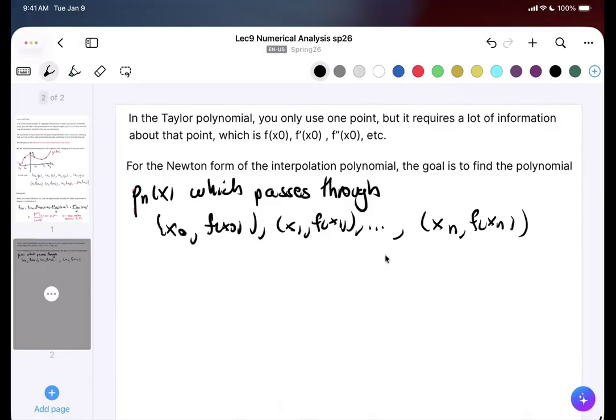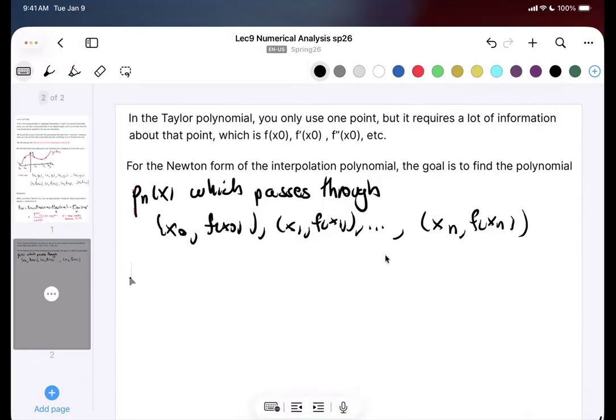That polynomial already exists because it's the same one that we found with Lagrange interpolation, right? There's only one polynomial. You can write it in different ways, but there's only a single polynomial of degree at most n that passes through all these points.